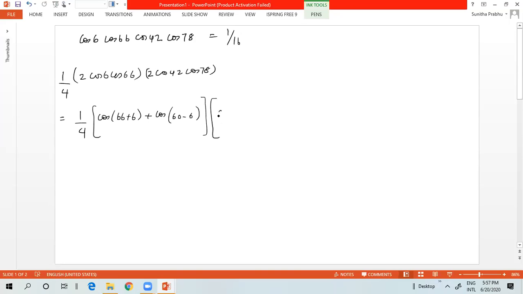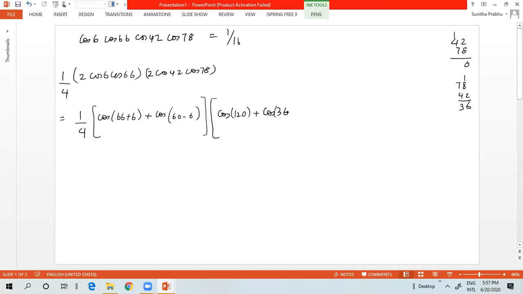Into cos of 42 plus 78, how much is this? 120. Plus cos of A minus B, 78 minus 42, how much is this? 36.